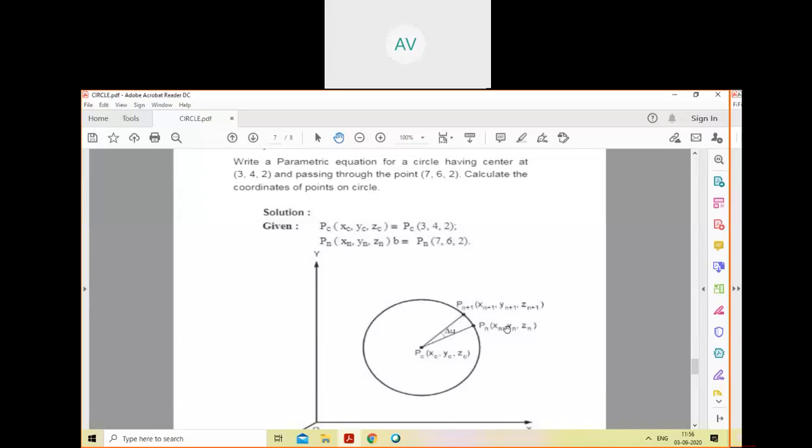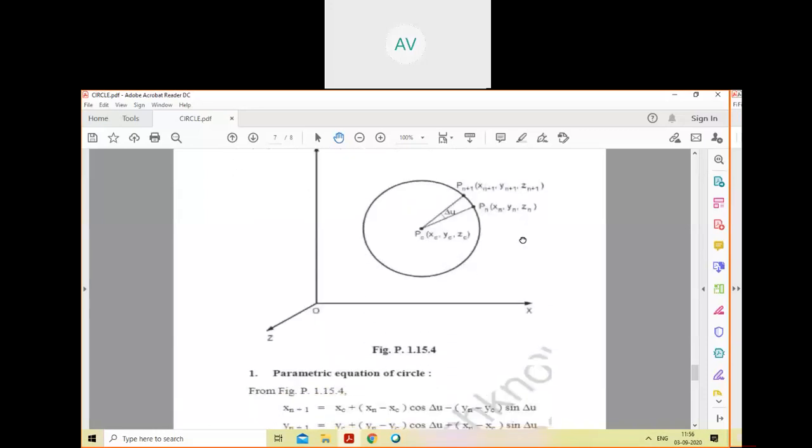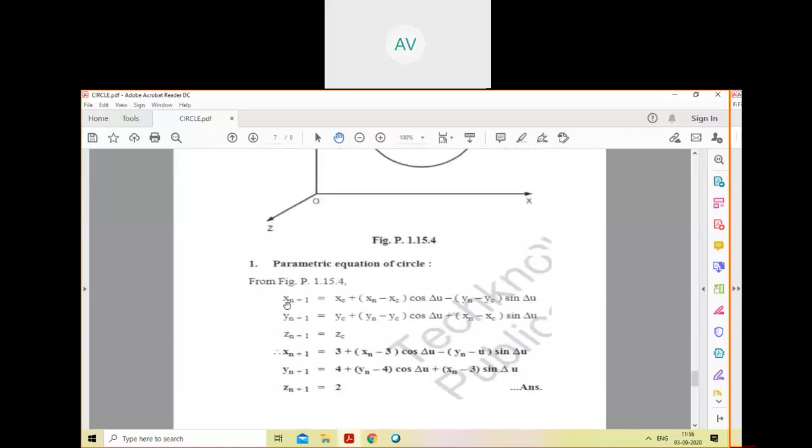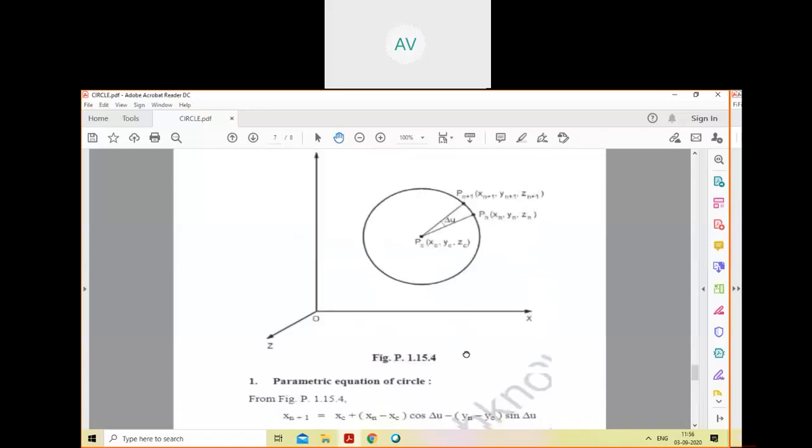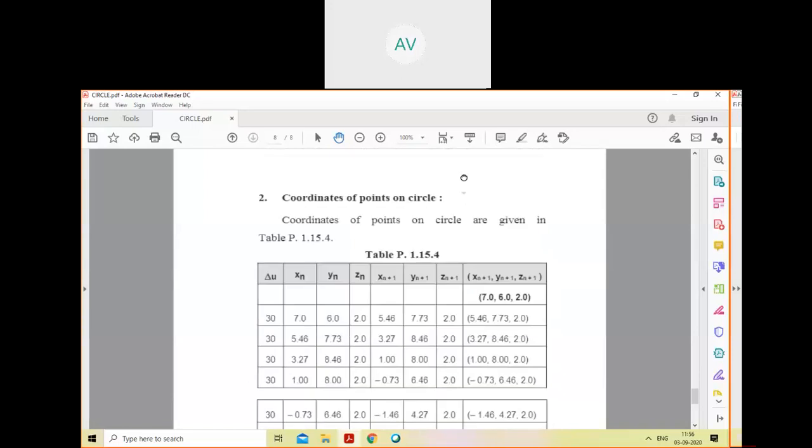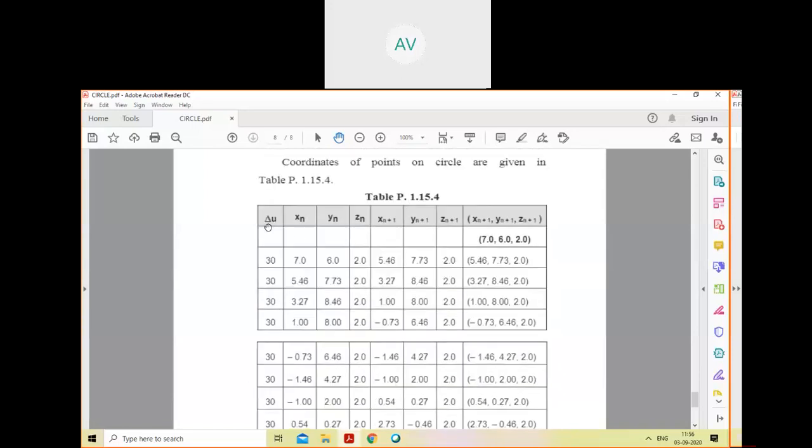So first we will write the parametric equation: xn plus 1, yn plus 1 and zn plus 1, with the xc, yc, zc values written over here, and we rewrite this equation. Now we will draw a table with delta u, xn, yn, zn, and xn plus 1, yn plus 1, zn plus 1, the three coordinates combined.